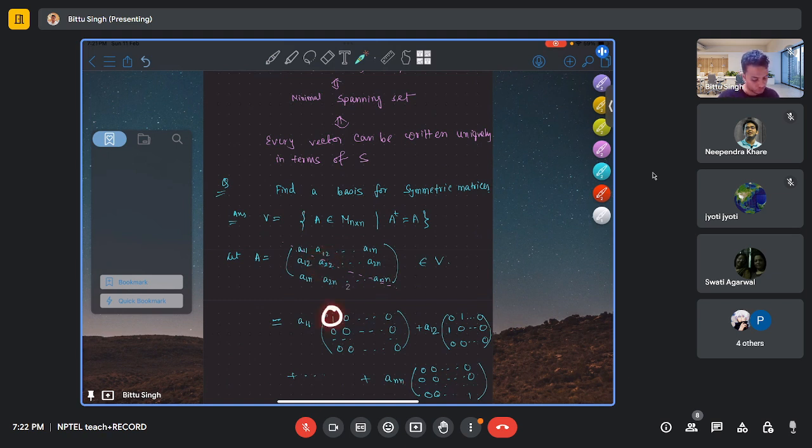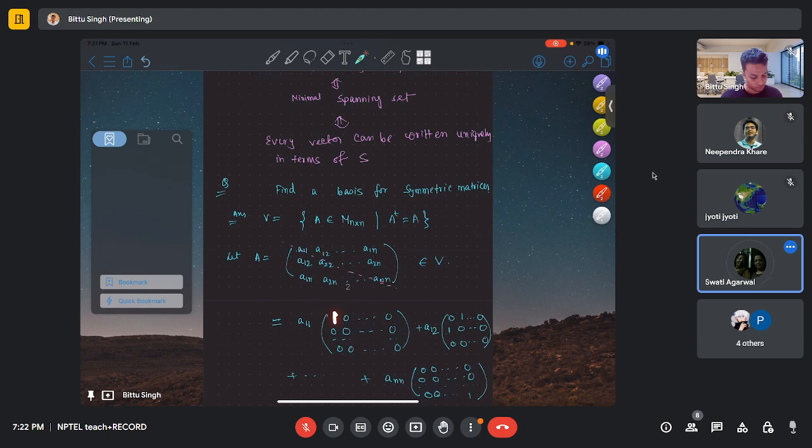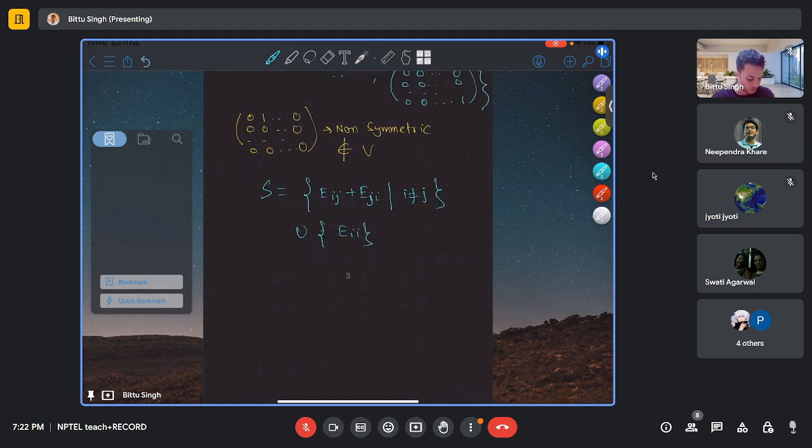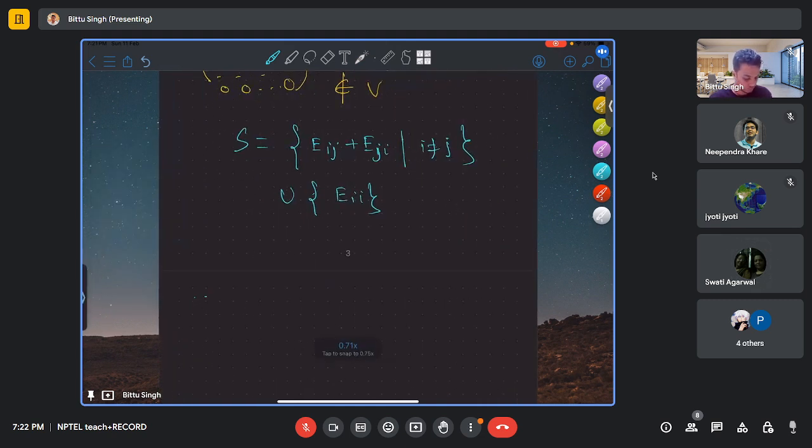For example, here you will take this one entry at this diagonal and everything else 0. So that's why explicitly we can write the spanning set as this. If we write S to be this, then clearly S spans the vector space.